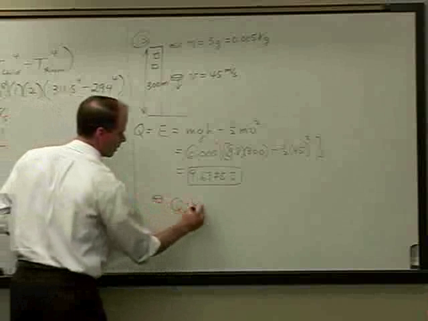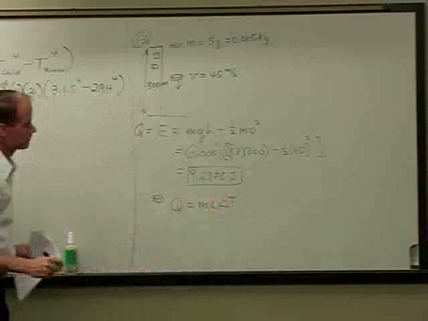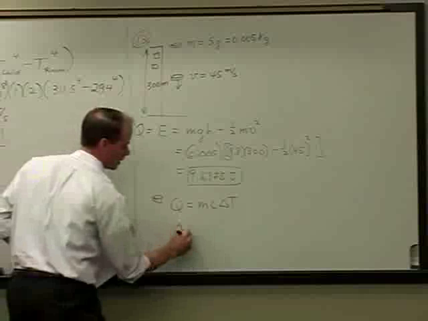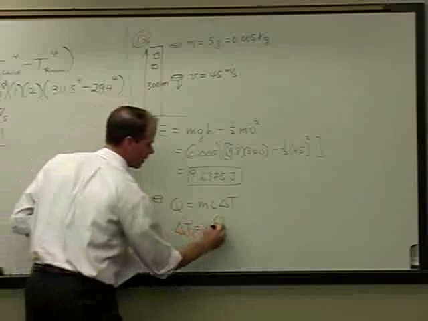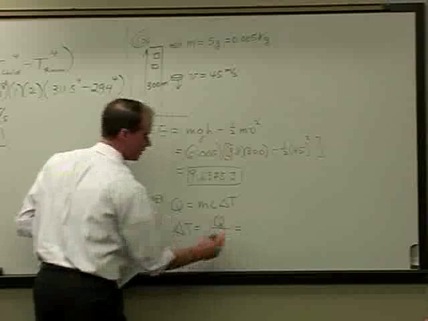That heat will equal mc delta T. So delta T will equal the heat divided by the mass divided by the specific heat.